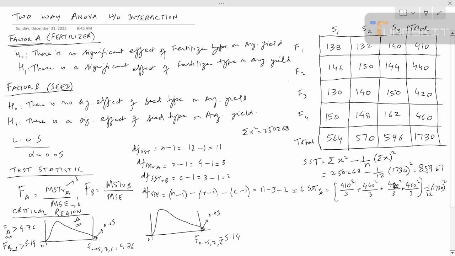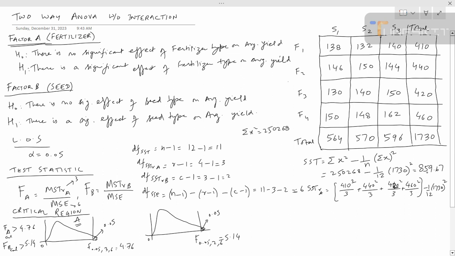Now 410 squared plus 440 squared plus 420 squared and plus 460 squared, and we take the sum and divide in the end by 3 because the denominator is common, that's 3.